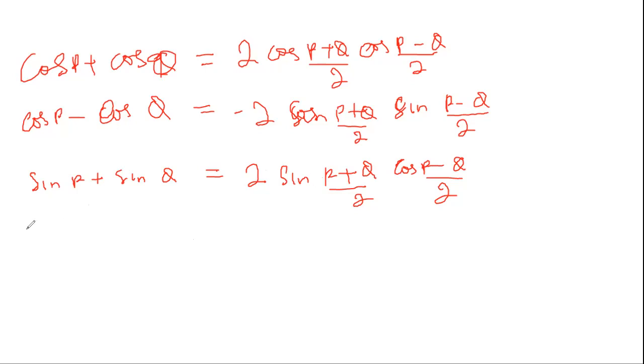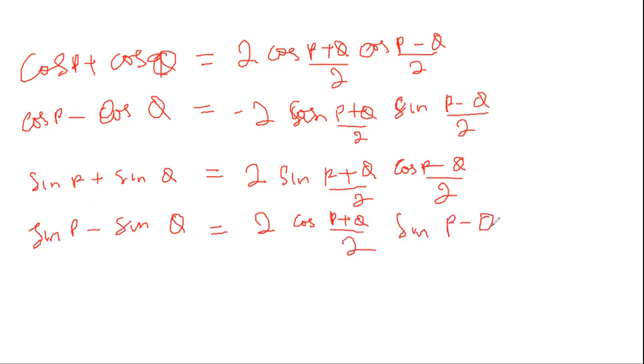Then we also get the one of sine of P minus sine of Q, and this one gives us 2 cos of (P plus Q) over 2, then sine of (P minus Q) divided by 2.